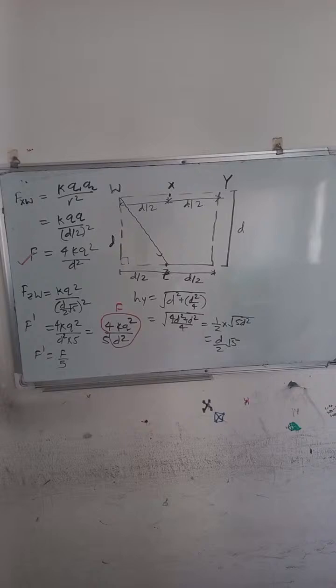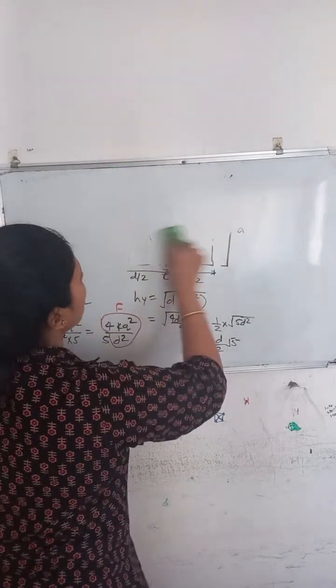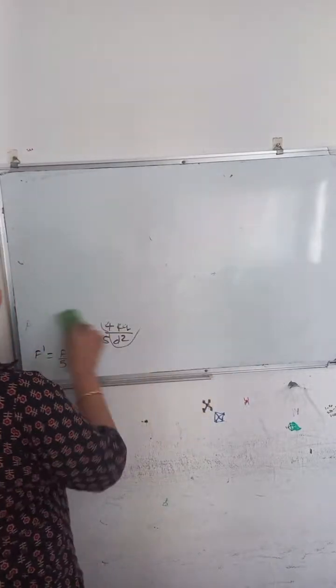So it is a very easy question. The object already has some charge, that is 1 coulomb, and it gains 5.0 into 10 raised to 18 electrons. The net charge on the object is how much? So we have to find the net charge.